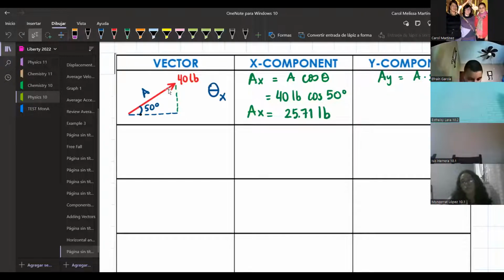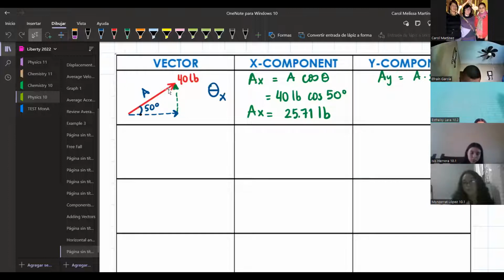And you have to see the direction of the vector. Is the vector going right or left? Right. This vector is coming in this direction, to the right and up. So horizontally it is moving to the right and vertically it is moving upward. So this is going to be plus because it's going right.